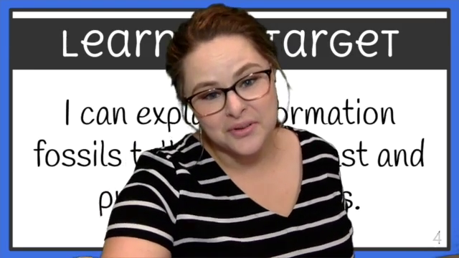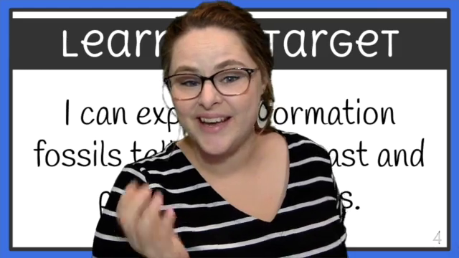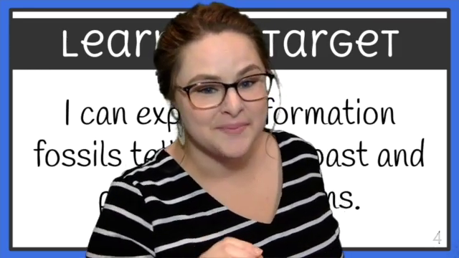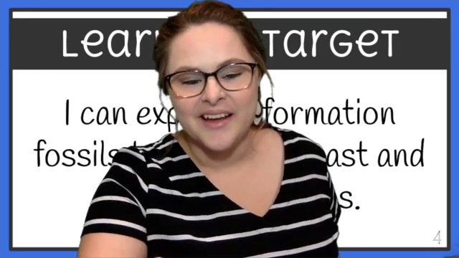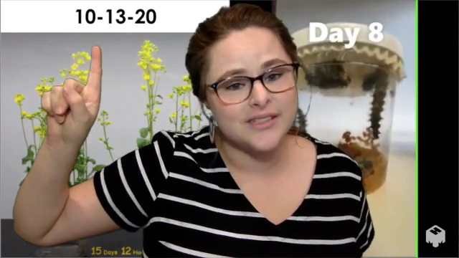So without any further ado, I'm going to show you guys our painted lady larvae and our Wisconsin fast plants for today. Before you get to draw or describe what you see, I want you to make sure that you have the dash date down. It is October 13th, 2020, 10/13/20.